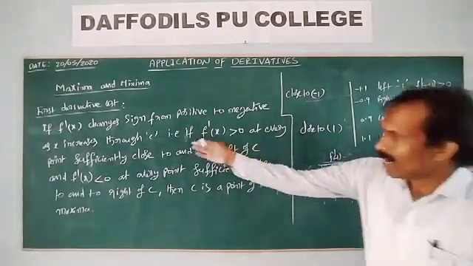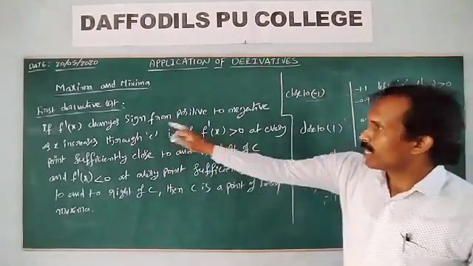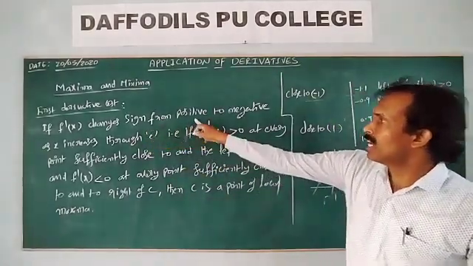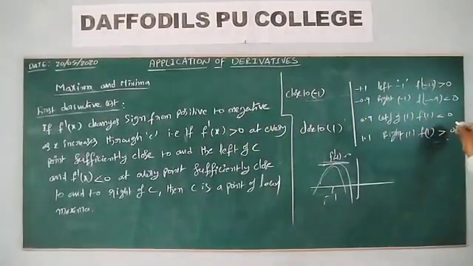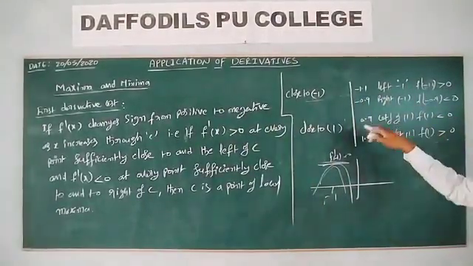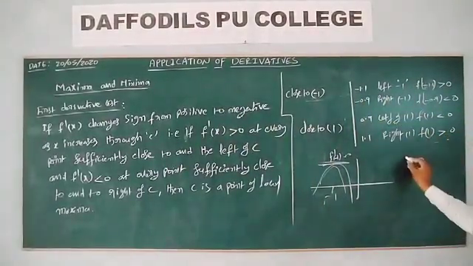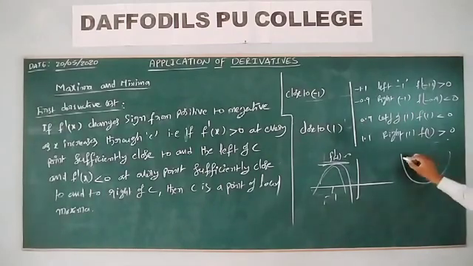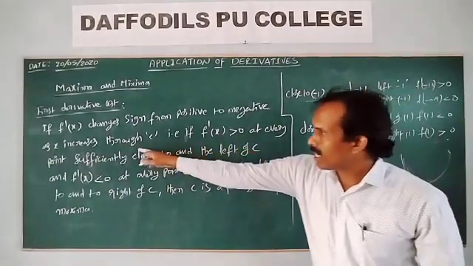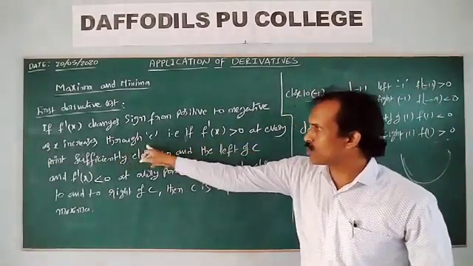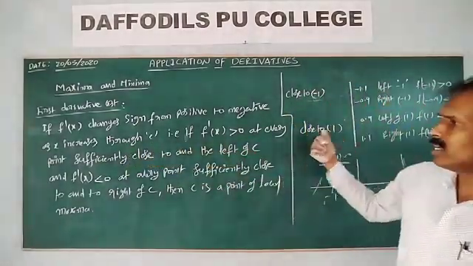Next, the local minimum. If f dash x changes sign from negative to positive as x increases through c, like this one, negative to positive, increase. c means here 1.